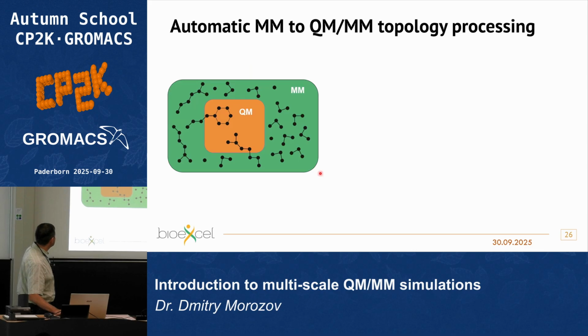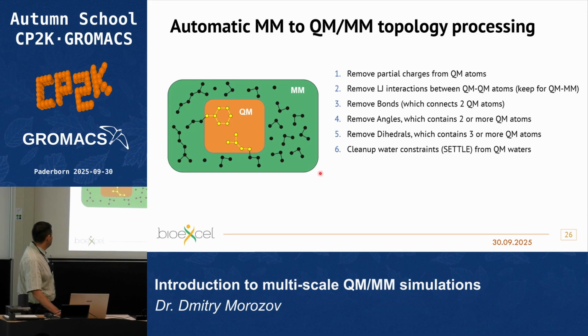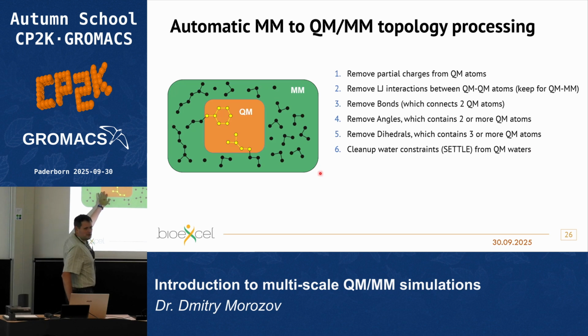So let's start with the first, how it's done automatically. What you need to change in the topology of your MM system in order to make it QM/MM. There are like 6 points. First, you need to remove partial charges from your QM atoms, so your MM atoms will no longer know anything about your QM atoms' point charges.